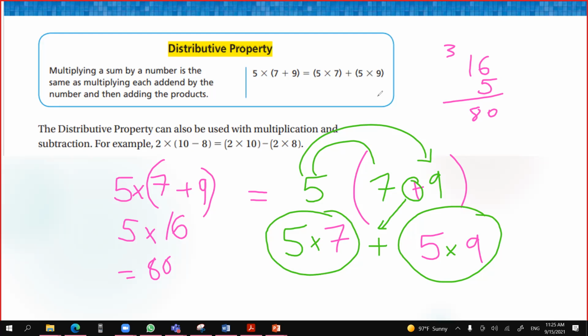So 5 times 7 and 5 times 9. Then now here, 5 multiplied by 7. Yes, 5 times 7, 35. And 5 times 9.